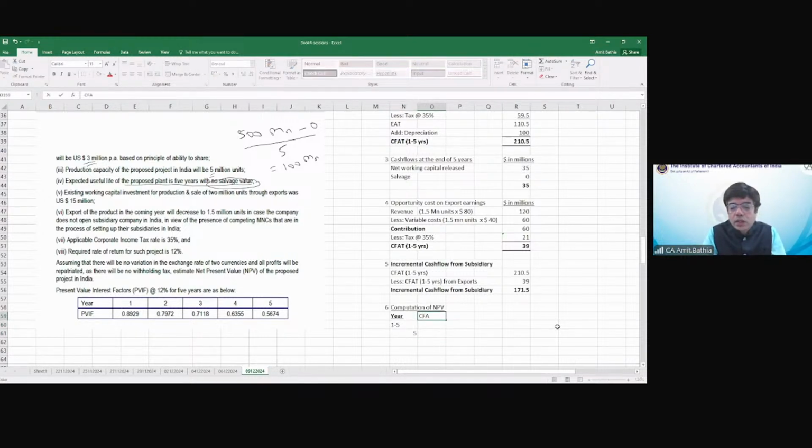This is CFAT. It is going to be 171.5 every year, right?